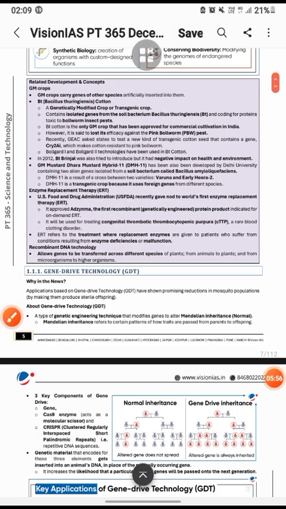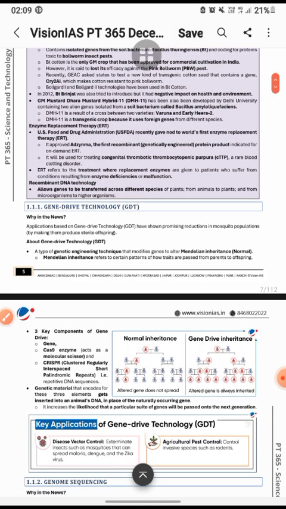Now the US Food and Drug Administration approved the world's first enzyme replacement therapy, the first recombinant protein product, for the treatment of congenital thrombotic disease, where the enzyme is replaced. Transgenic technology allows genes to be transferred across different species.